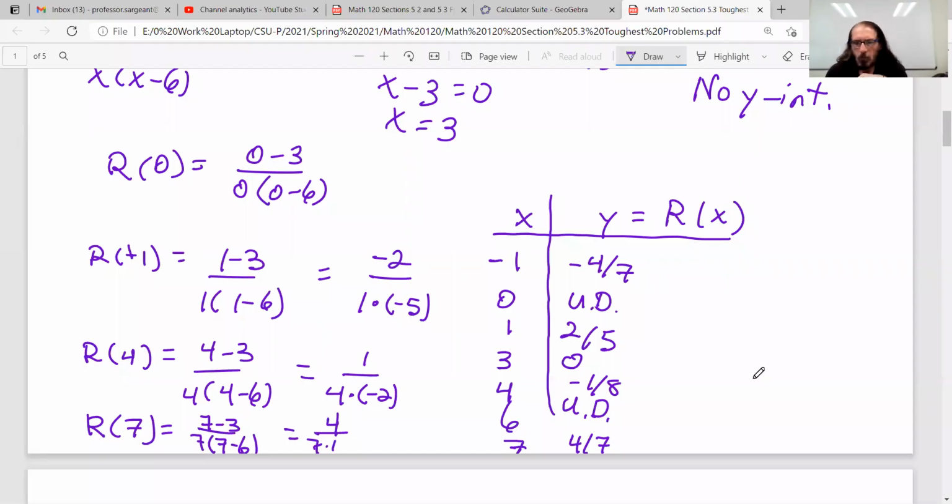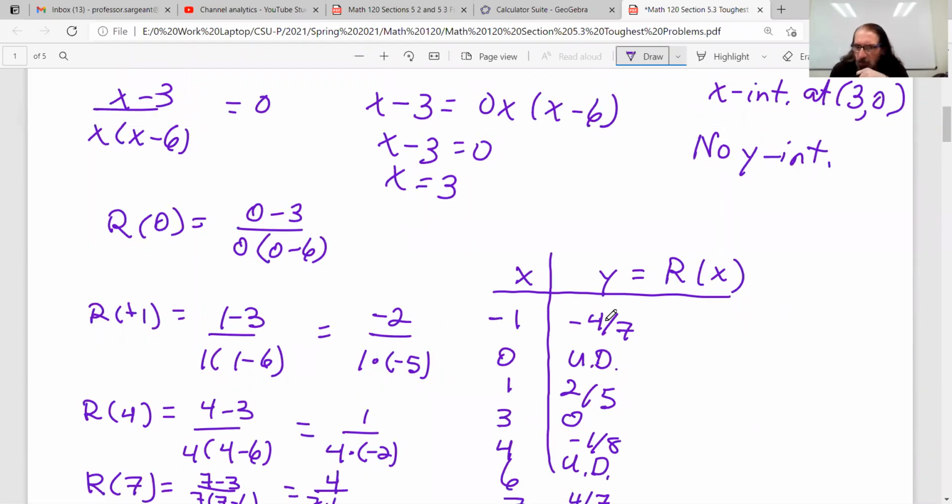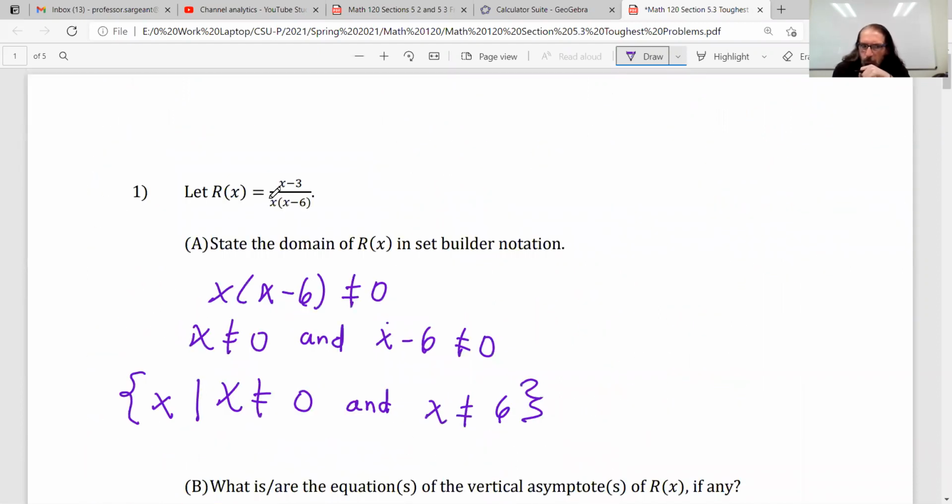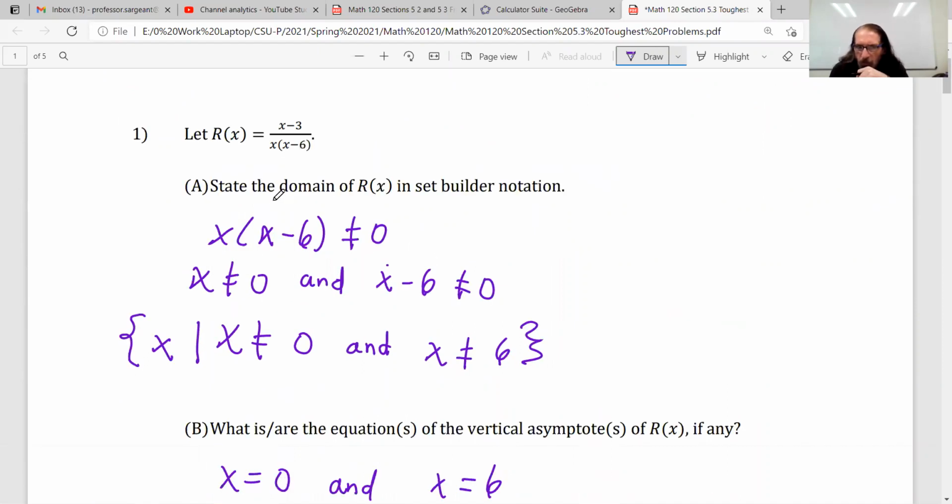Now before we plot those points and graph, I want you to notice that at that first vertical asymptote, x equals 0, the sign is changing. That's because the multiplicity of the 0 of the denominator, x equals 0, is 1, which is odd. So just like with x-intercepts, we would get a cross, which would mean a change in sign of the y's.